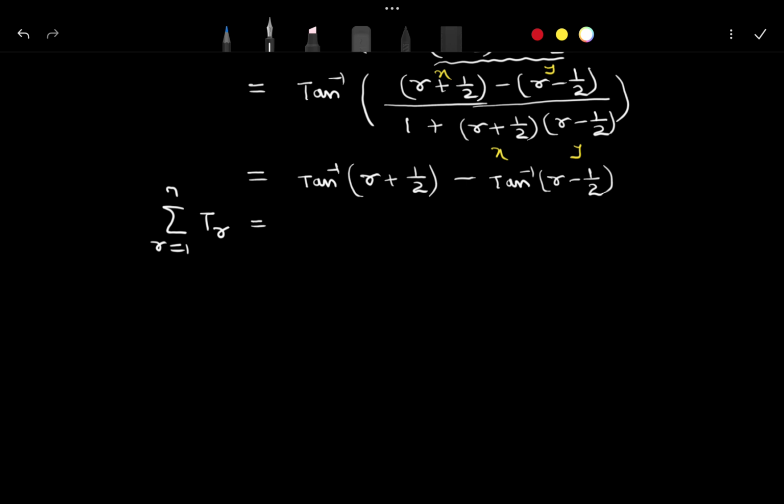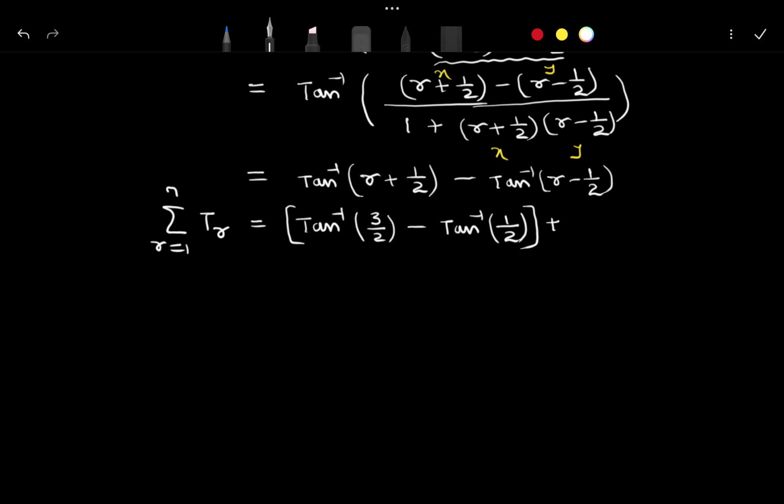Writing all the terms one by one, for r equal to 1 this is tan inverse of 3 by 2 minus tan inverse of 1 minus 1 by 2, that is 1 by 2. This is the first term, right?